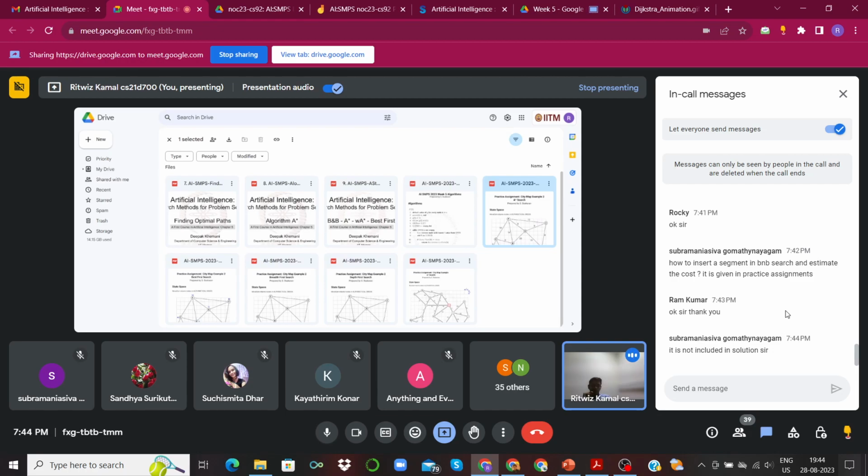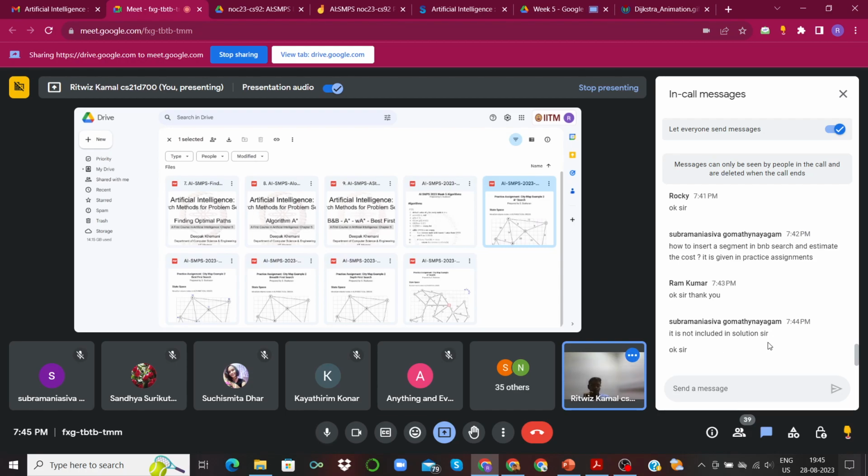In that case, I would highly encourage you to post it in the discussion forum as soon as possible, because I haven't gone through the practice questions, so it would be unfair for me to jump to it and try to solve it. It might also have some relation to your actual graded assignment. So post it in the discussion forum right away, and Bhaskaran sir can see it and address it before the final deadline.